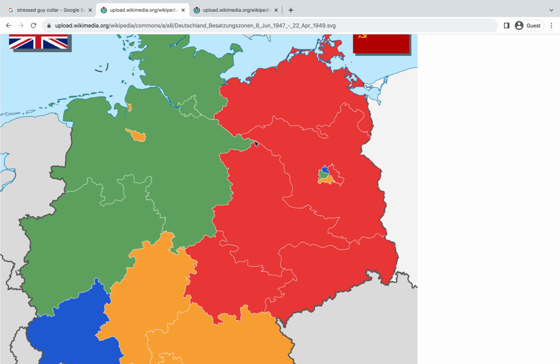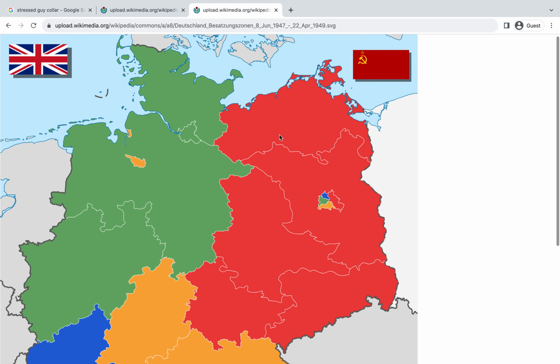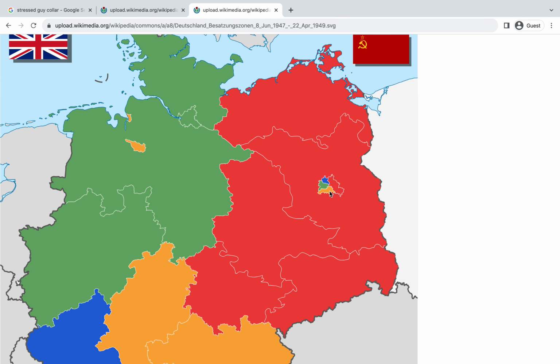There's canals that can go from this side of Germany over here. And there's also railroads that go into here. So that being said, if I'm Joseph Stalin, I do not want these guys around. What am I going to do?